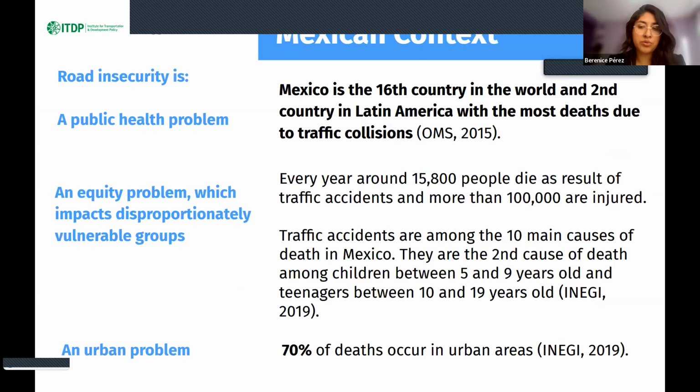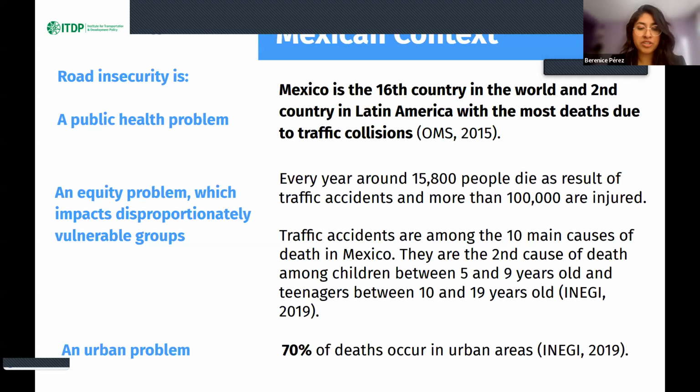But before, I want to give some context about road safety. In Mexico, road insecurity is a public health problem. Mexico is ranked 16th worldwide, and second in Latin America, as the country with the most deaths caused by traffic accidents. Every year, nearly 16,000 people die as a result of traffic accidents, and more than 100,000 get injured.